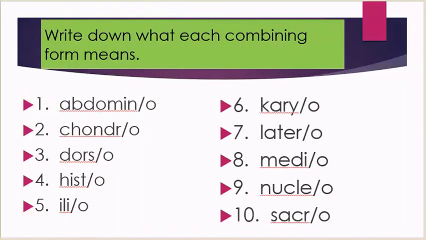Write down what each combining form means. Number 1, abdominal. Number 2, chondro. Number 3, dorso. Number 4, histo. Number 5, ilio.